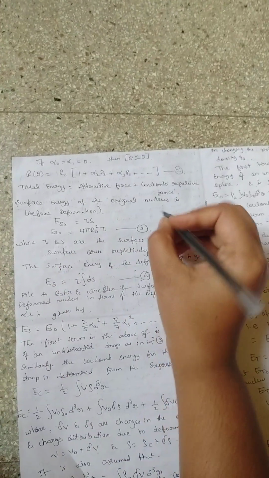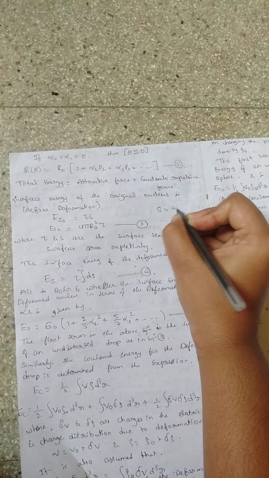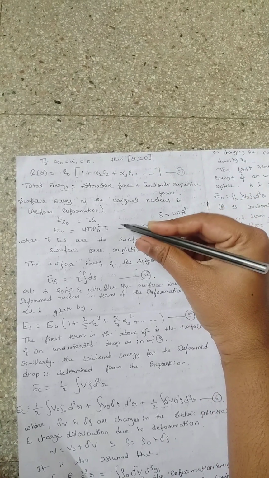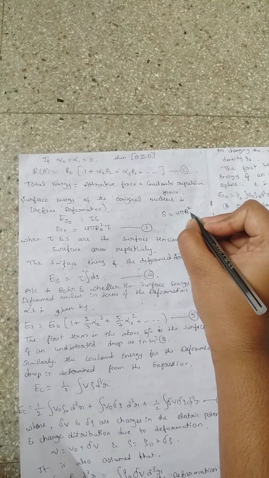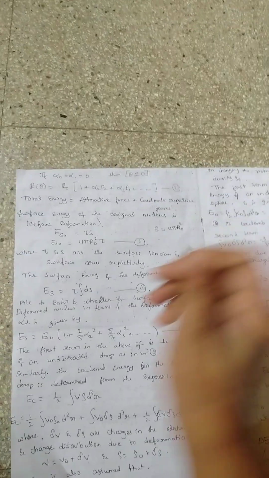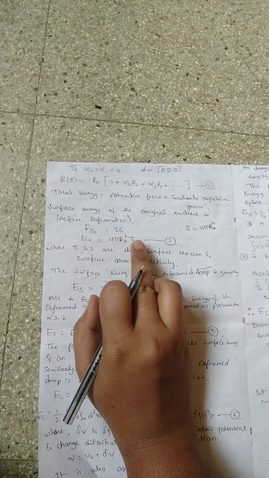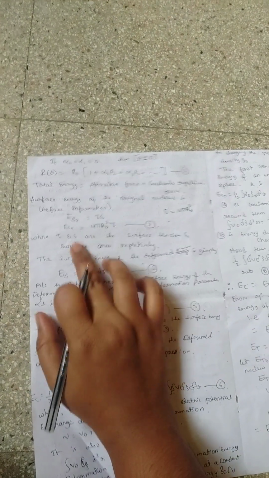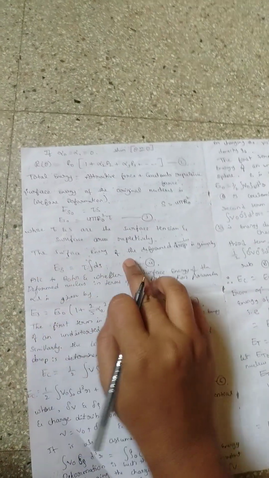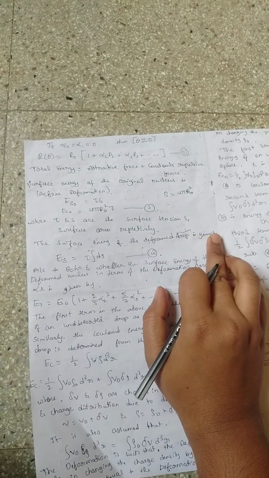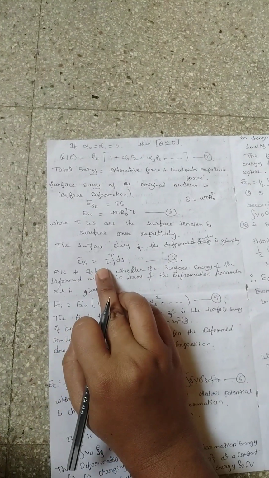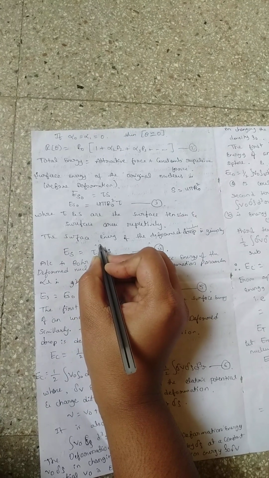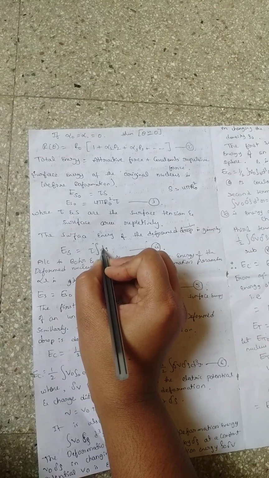We know the surface area S is equal to 4 pi r square. Here we are discussing the original nucleus, so we take r naught square: 4 pi r naught square into tau. The surface energy of the deformed nucleus is given by E of S is equal to tau into integration of dS.